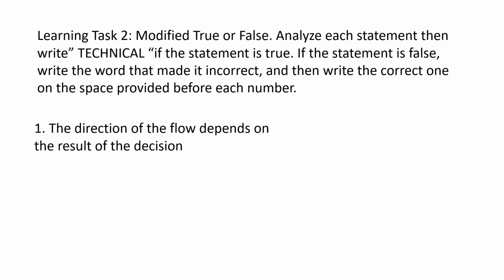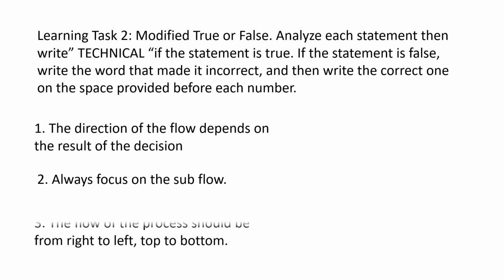The direction of the flow depends on the result of the decision. Always focus on the sub-flow. The flow of the process should be from right to left, top to bottom. Okay, I will give you a minute to think of your answers.